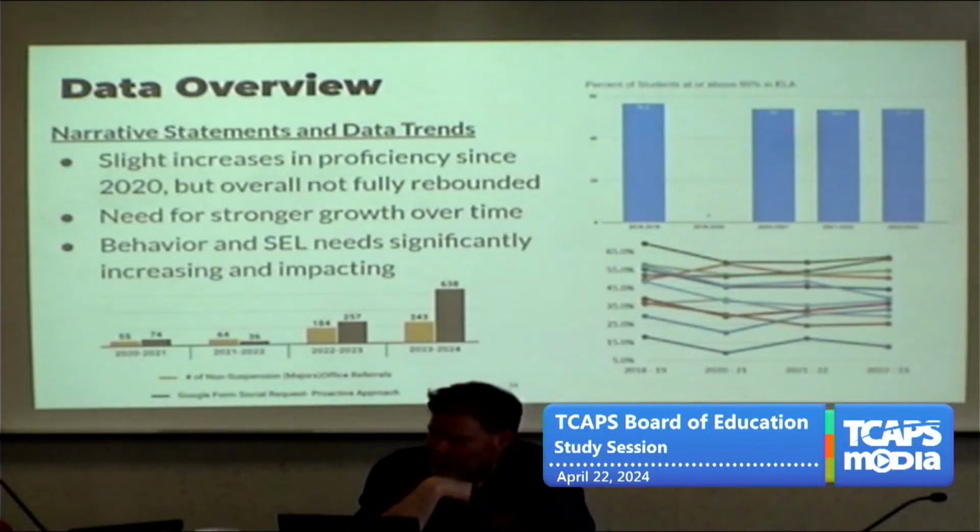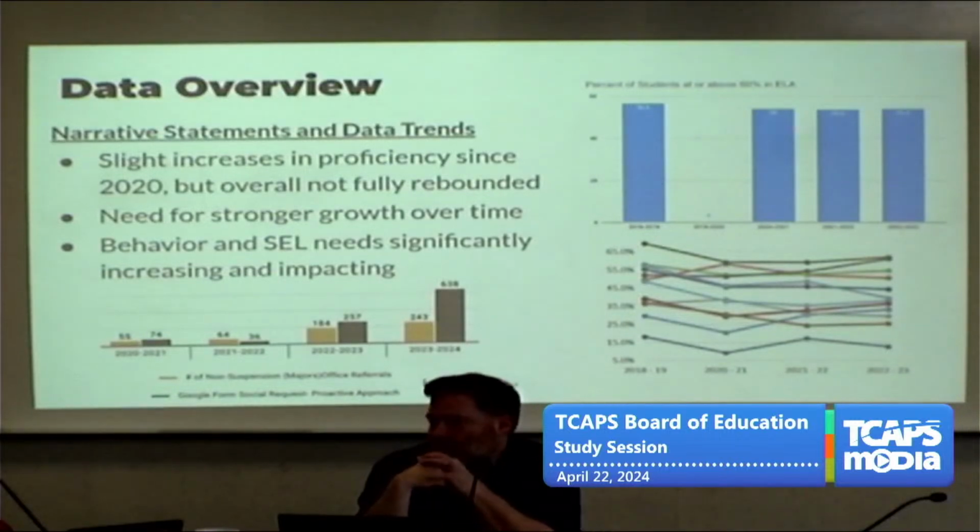So instead of trying to broadly tackle everything, we want to focus on one area and do that right, and then move on to the next area. Over the past couple of years, we have had to do it all. We've had different science curriculum, updated social studies curriculum, different math curriculum. At the elementary level it's different than secondary.